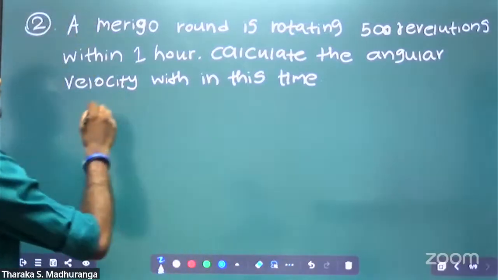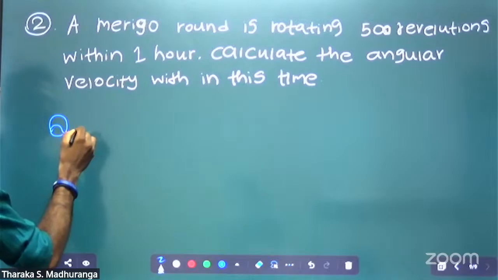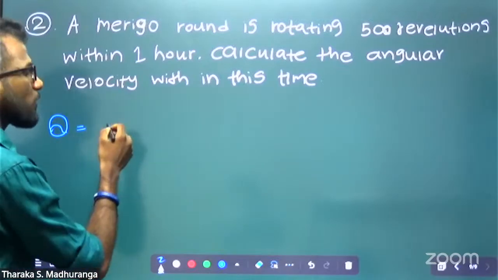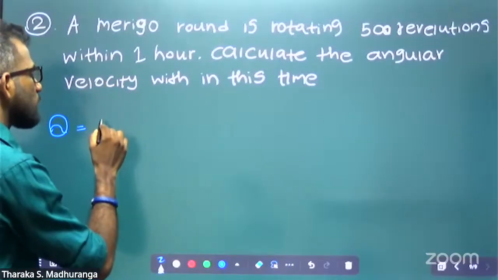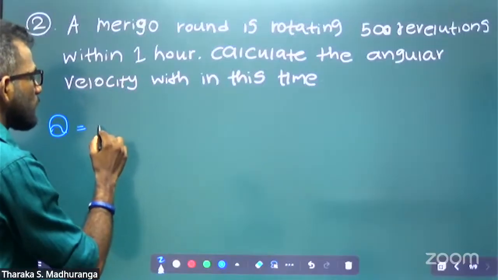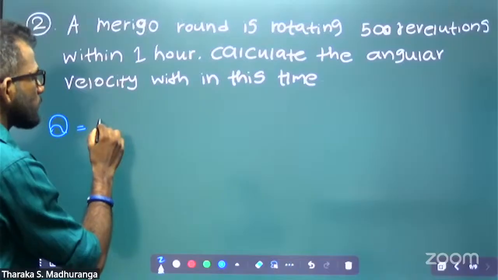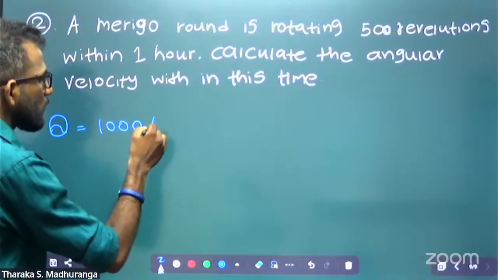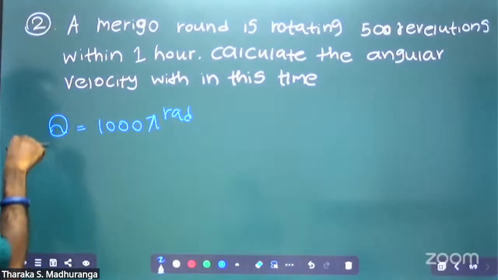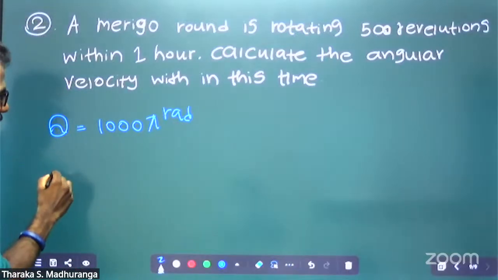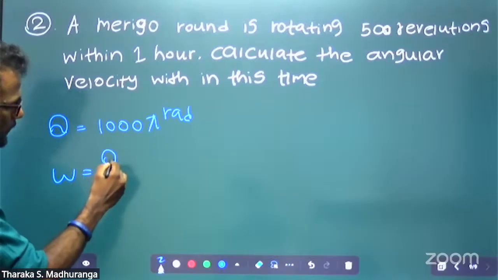Okay, first of all, you need to find theta. No need to calculate, it is 500 revolutions. Within 500 revolutions, how much angular displacement? It is 500 into 2π, which is 1000π radian. Now, omega equals theta over time.